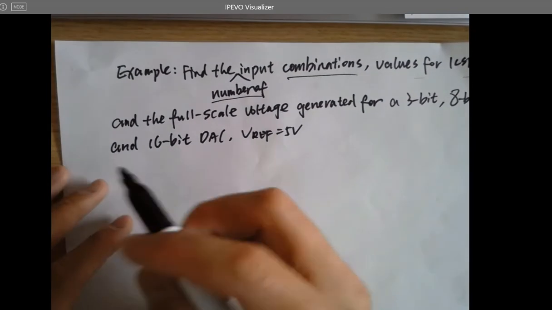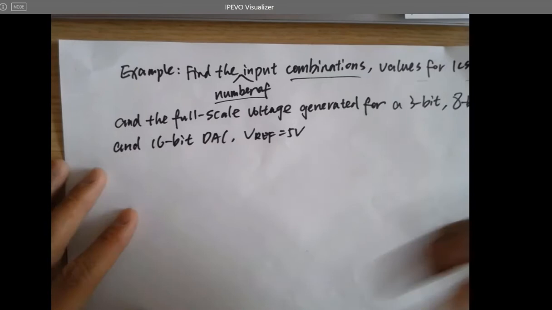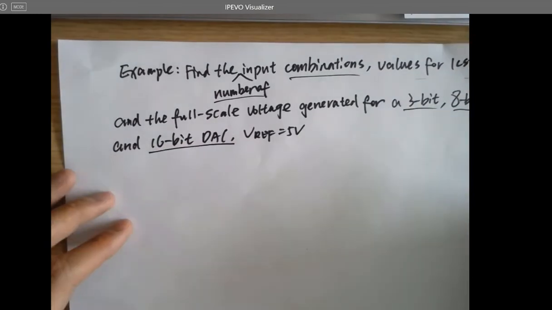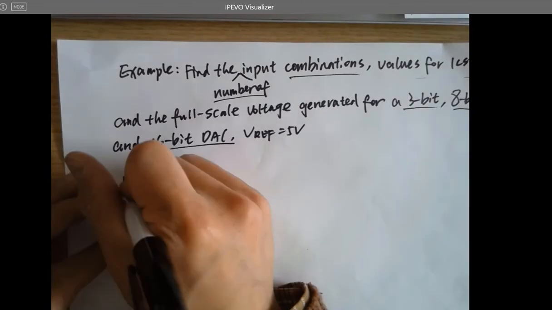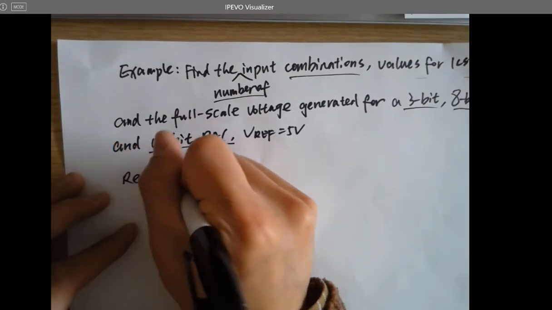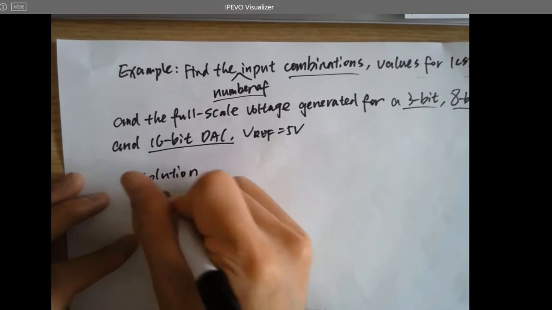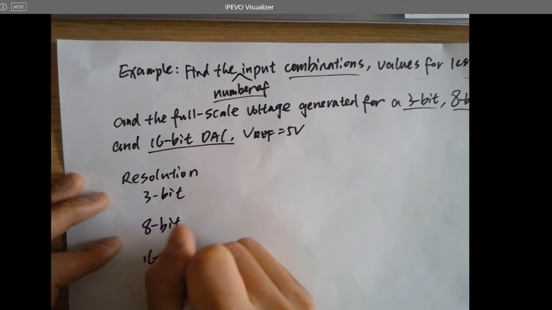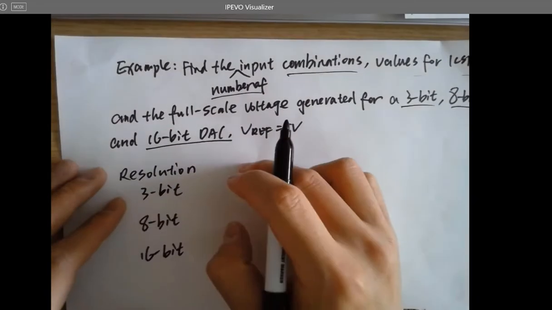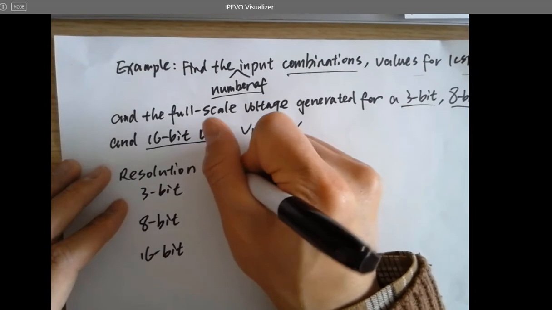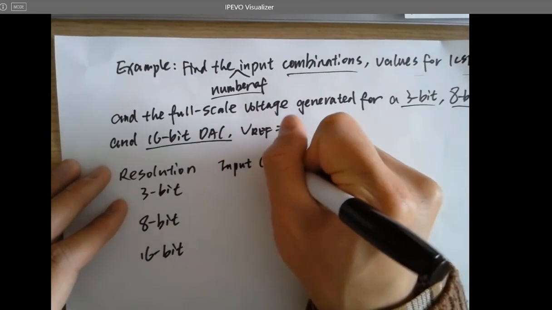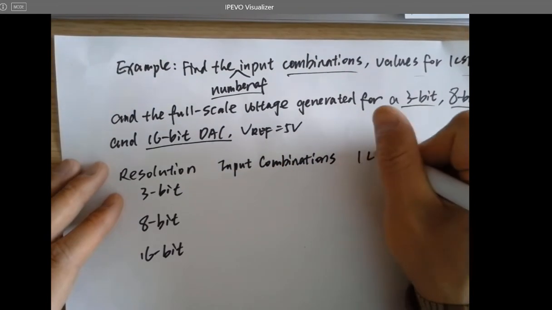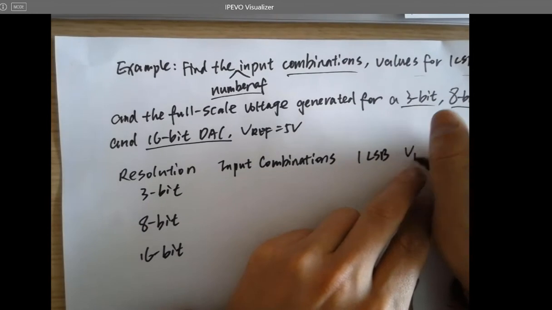We can make a little table because these are the 3 types of DACs and they are the resolution of the DACs. Three-bit, 8-bit, and 16-bit, and you need to find out the number of input combinations and the voltage for one LSB, and also VFS.